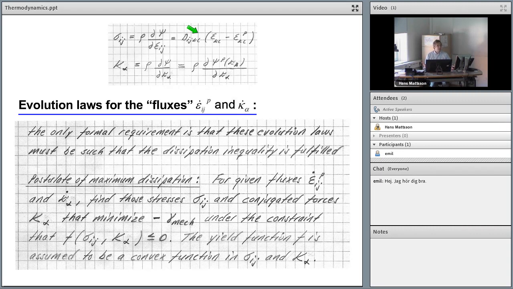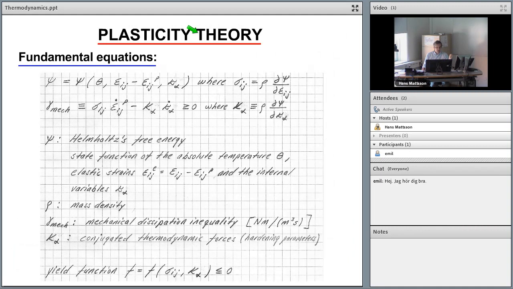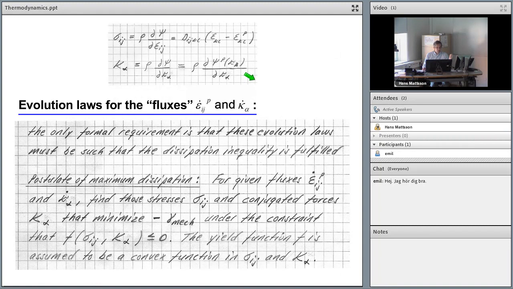You see it? Yeah. So by using this thermodynamical framework, we end up with Hooke's law here for this partial derivative here. And the partial derivative for these hardening parameters, we get like this here.